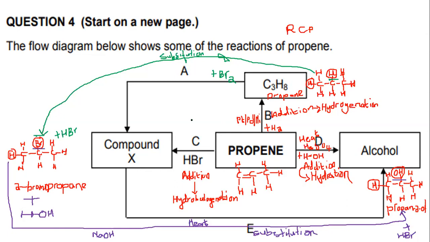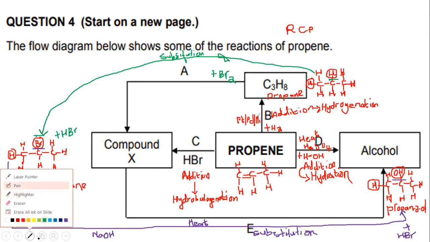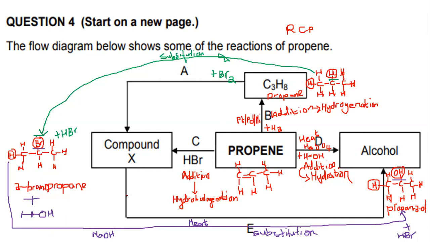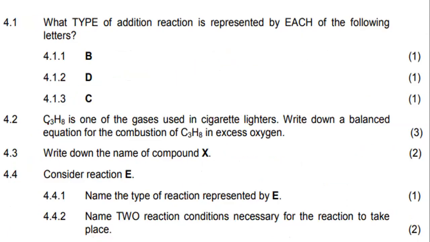So now we have analyzed, my dear learners, the entire diagram. So what is left is to go straight to questions and you will see that we have all the answers, right? So let us do that. We are asked to write down what type of addition reaction is represented by each of the following letters.